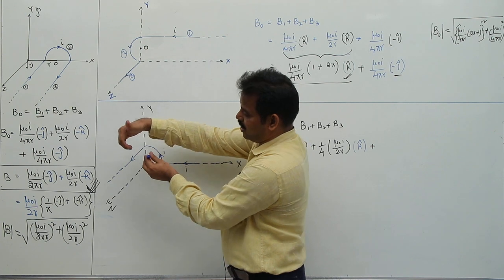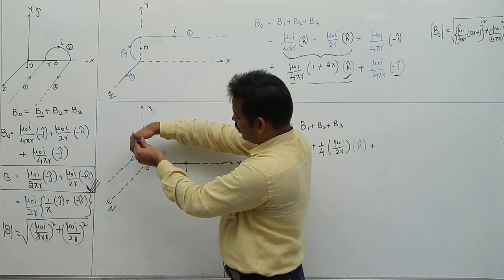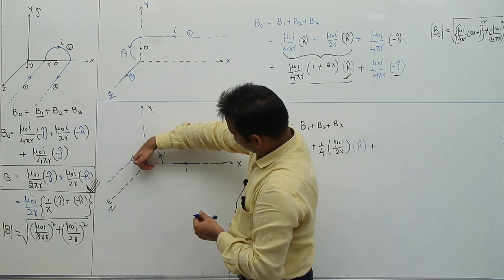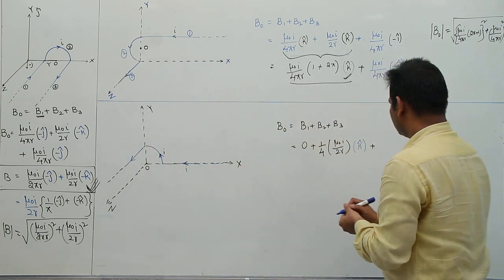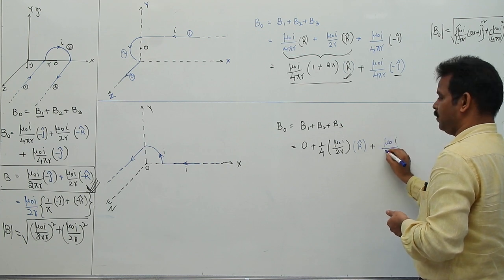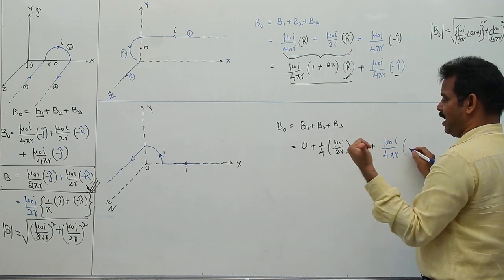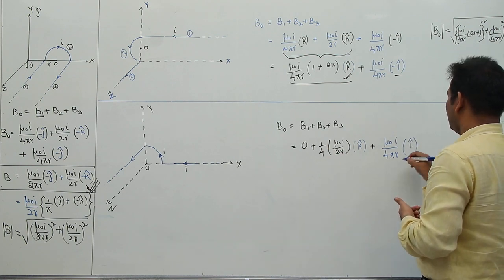So while keeping the right hand, current in the direction of the thumb, and field is in this direction. So here field is along x-axis. So I can write this as mu naught I by 4 pi r into I cap.